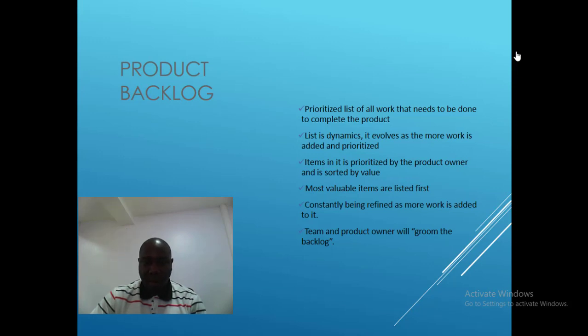Items in it are prioritized by the product owner and sorted by value, in terms of level of importance. Most valuable items are listed first, constantly being refined as more work is added to it.